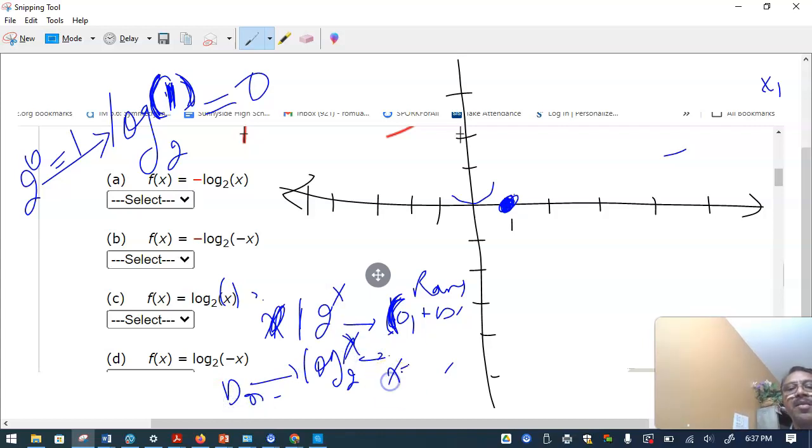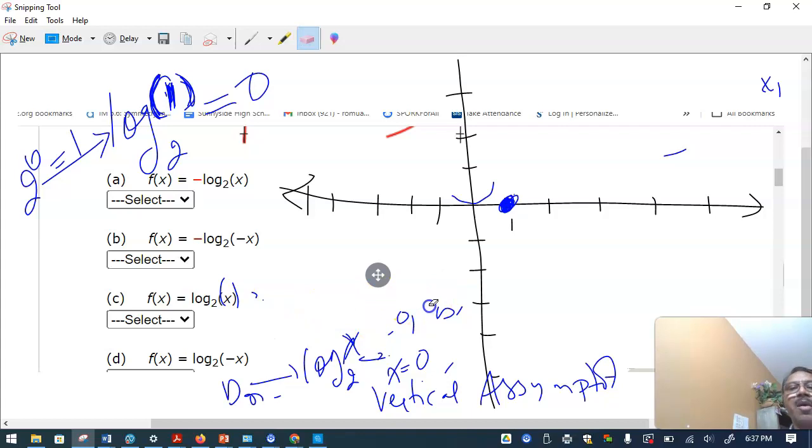That means x equals 0 becomes the vertical asymptote. What does that mean? Basically I have to draw a dotted line right here. What is x equals 0? It basically means the y-axis. So when you say x equals 0, it is the equation of the y-axis.